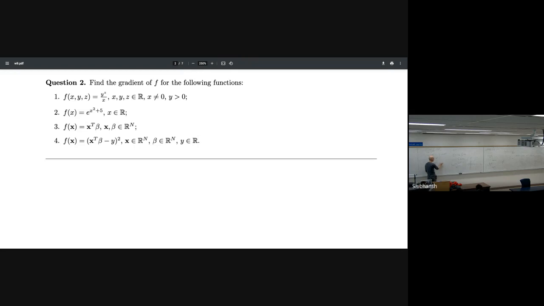You take the derivative of this, derivative of that. You can just go step by step. And we have already calculated the derivative of this.